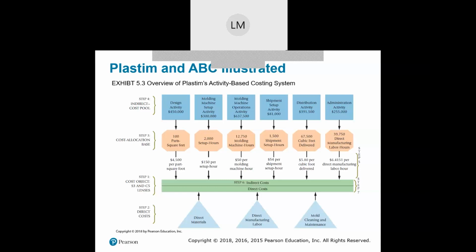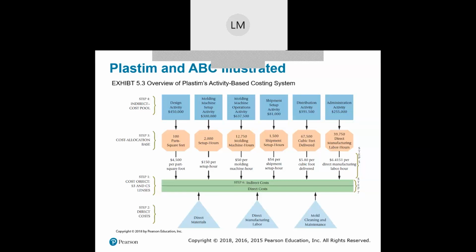So we're looking for activities that we incur. In some departments, we're going to have design activity, molding and machine setup activity, and up here at the top, molding machine operations activity, shipment setup activity, distribution activity, and administration activity. So we've identified 1, 2, 3, 4, 5, 6 different activities that we're doing.